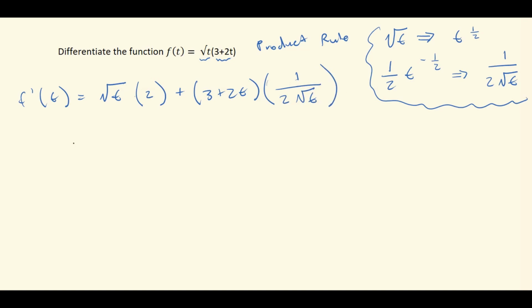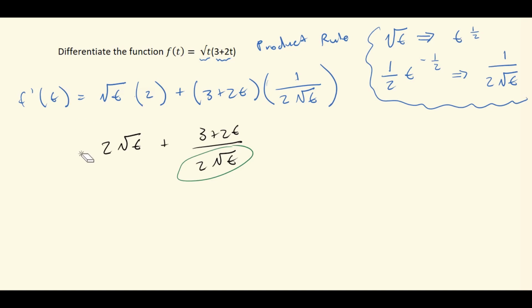And then we can rewrite this a little bit better. This is equal to 2 times the square root of t plus 3 plus 2t divided by 2 times the square root of t. We're going to go ahead and make a common denominator of 2 root t.